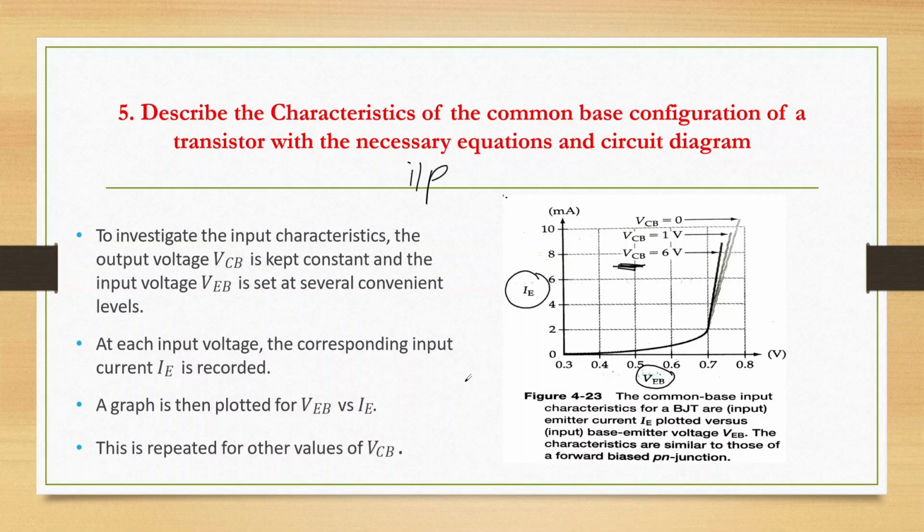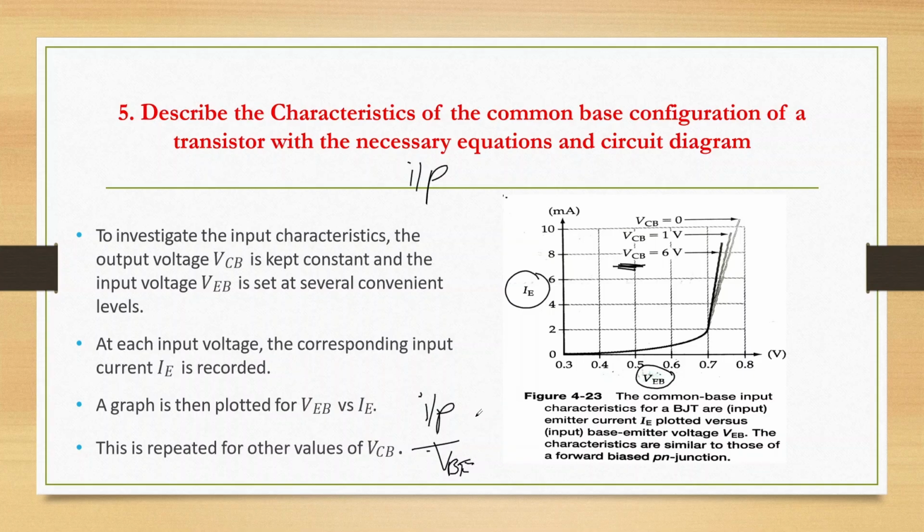To record and get this particular curve, we keep VCB constant at a certain voltage. Then we increase the input voltage, that is VBE, in small steps.